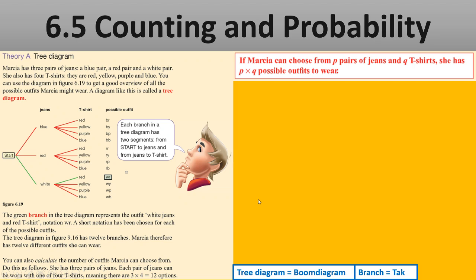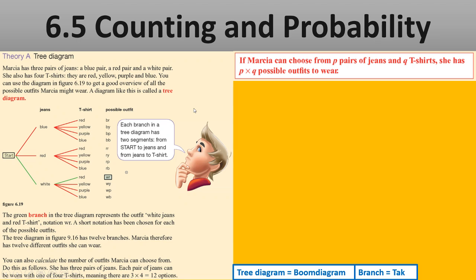A tree diagram is a way to give you a visual representation of how many different ways there are to do something. For example, here in this example, they say Marcia has 3 pairs of jeans, blue, red, and white. She also has 4 t-shirts. They are red, yellow, purple, and blue. Well, how many possible outfits are there?